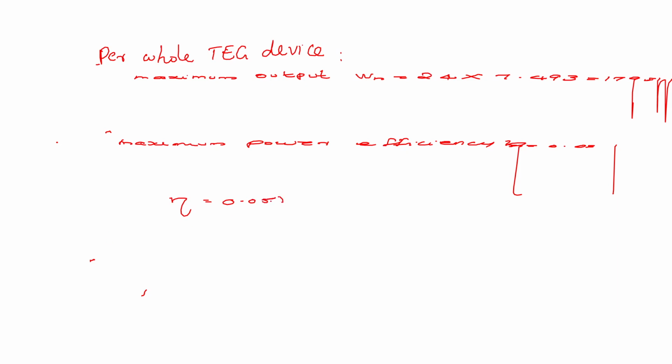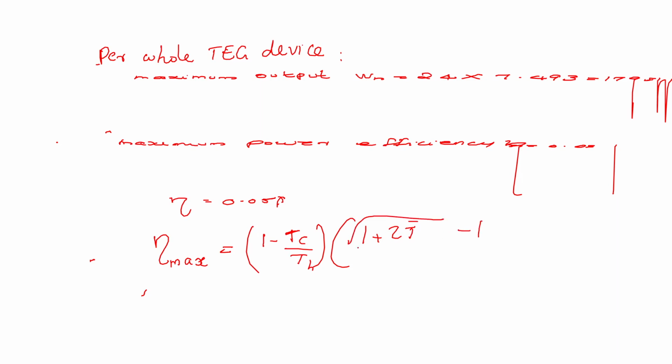Now what you have to know? Eta maximum you have to calculate. Eta maximum is equal to (1 minus Tc divided by Th) times (root of 1 plus Zt bar, minus 1) divided by (root of 1 plus Zt bar plus Tc divided by Th). Now you have to substitute the values here.